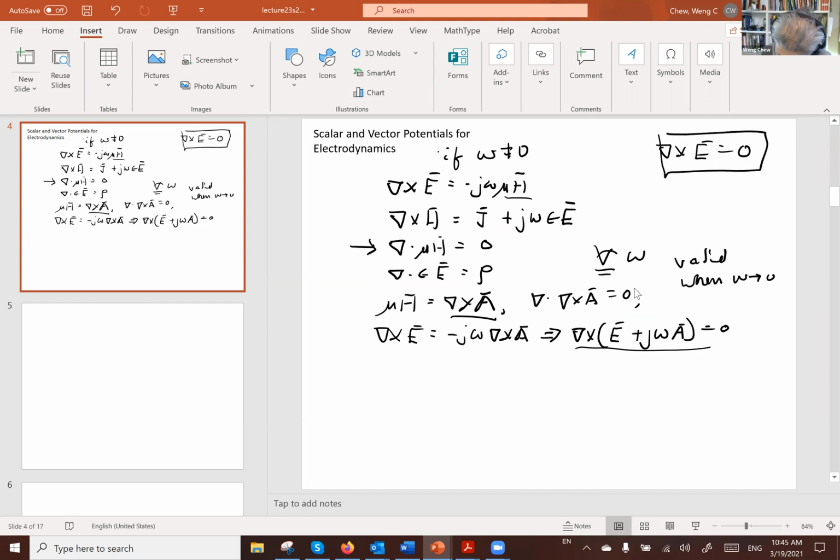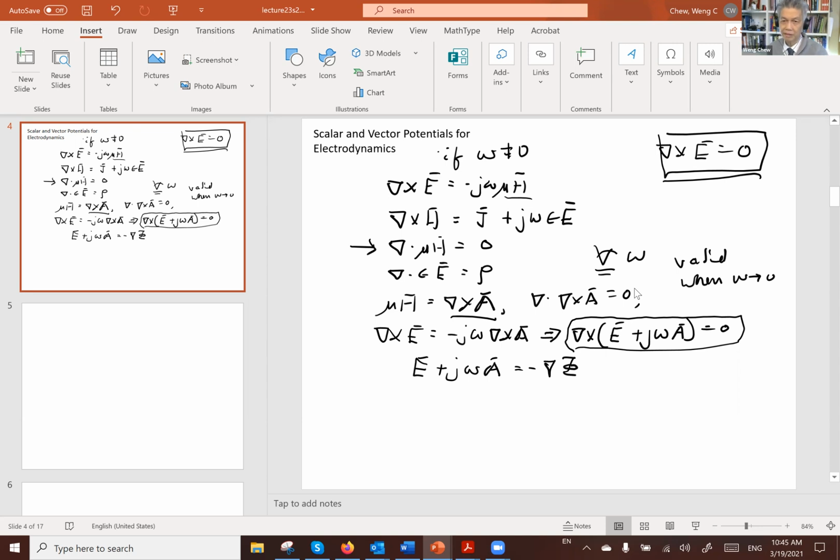For electrodynamics, we have this equation to solve. Okay, and for electrostatics, we actually solve that equation very easily by letting E equal to minus the gradient of phi. But now, since we have these two terms under the curl, we set this to be minus the gradient of phi.